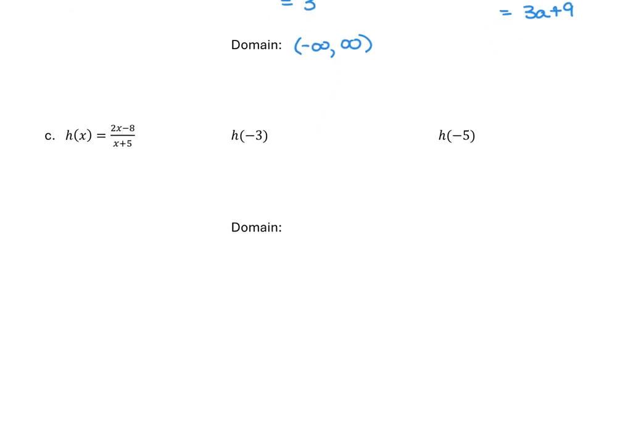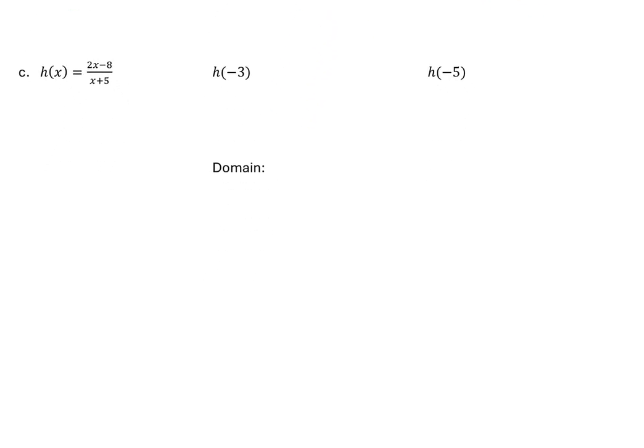All right, last example, we have h of x equals 2x minus 8 over x plus 5. So the first thing that we want to do is plug in -3 for x, which means that I want to replace all x's in my expression with -3.